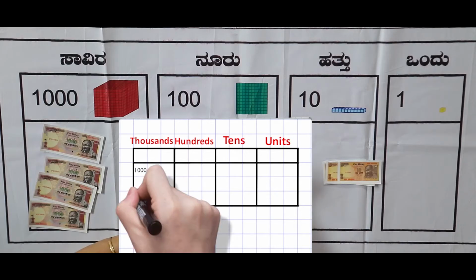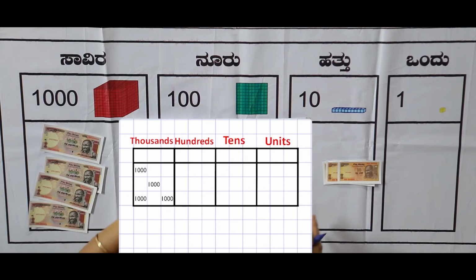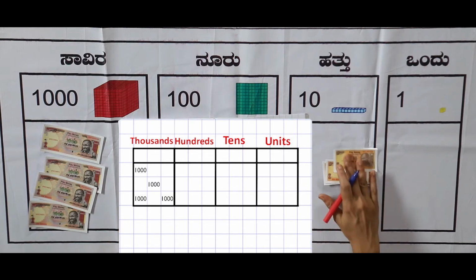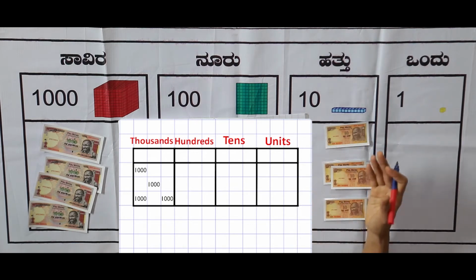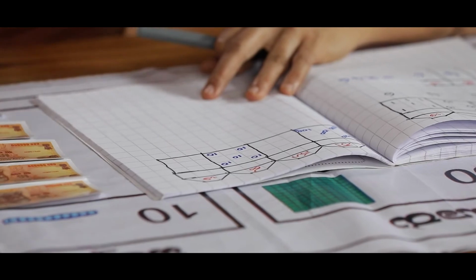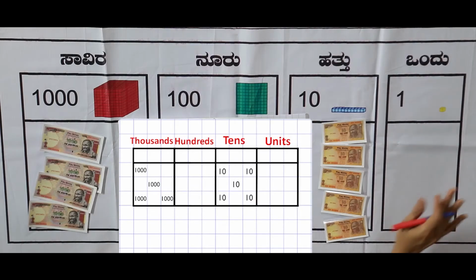How many are in the 1000's house? 4000. What's there in the 100's house? There is nothing, so we don't write anything. How many in 10's house? 5 tens. Units place? There is nothing.